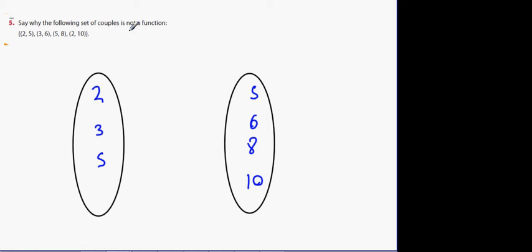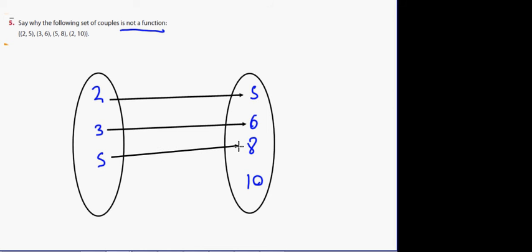Say why this following set of couples is not a function. Let's find out. 2 goes to 5, 3 goes to 6, 5 goes to 8, and 2 also goes to 10. It said earlier on that you have to go from one value in the domain to only one value in the range.